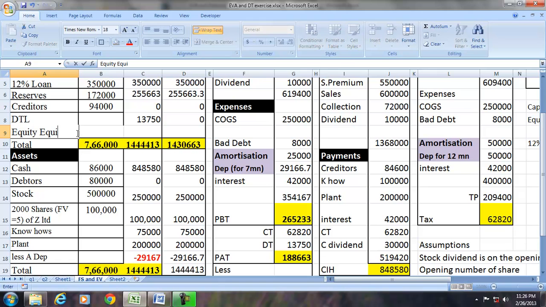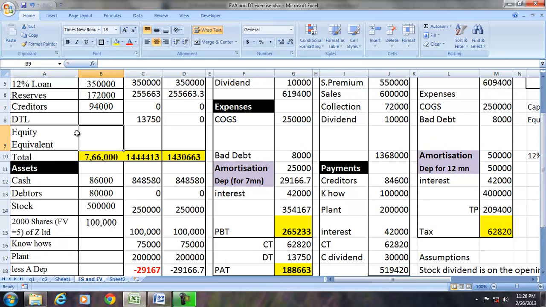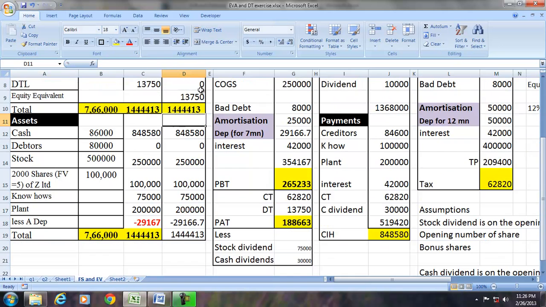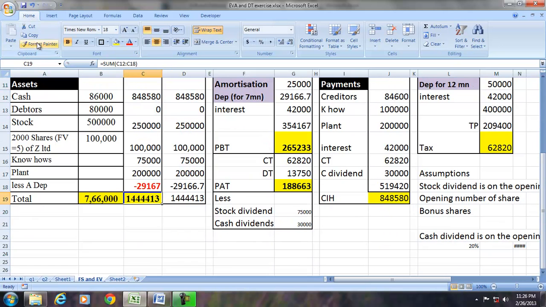In EVA calculation, that is given a name, it's called equity equivalent, and equity equivalent is equal to, in this case, 13,750. So when we take the 13,750, the balance sheet will tally once again.